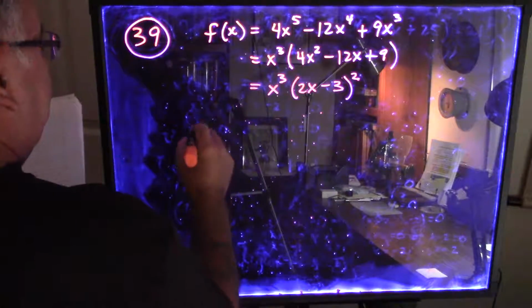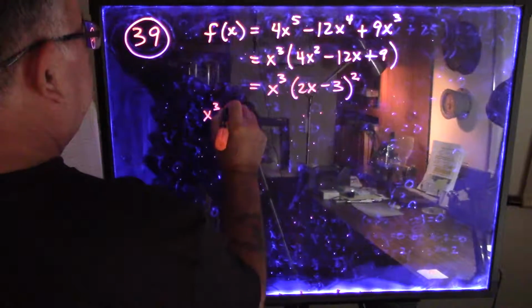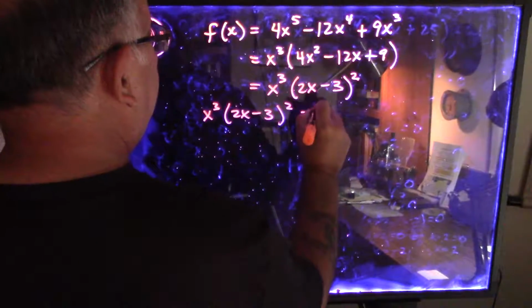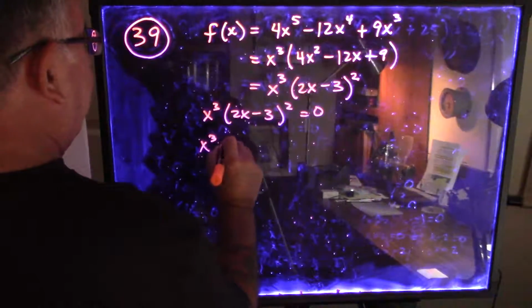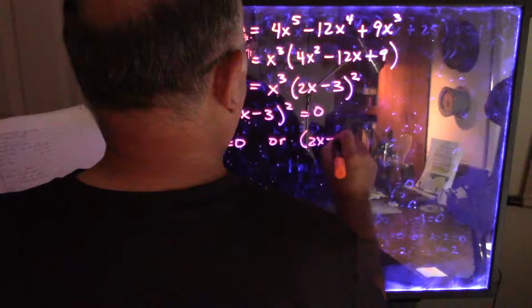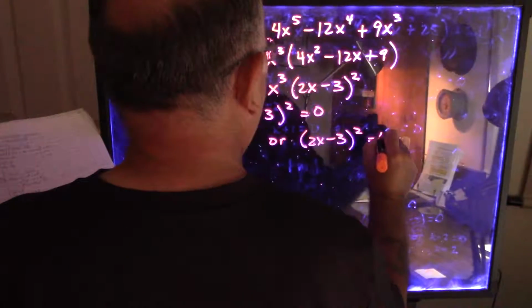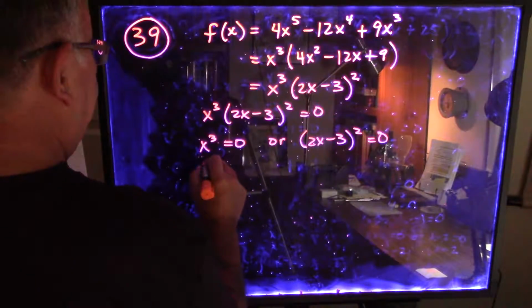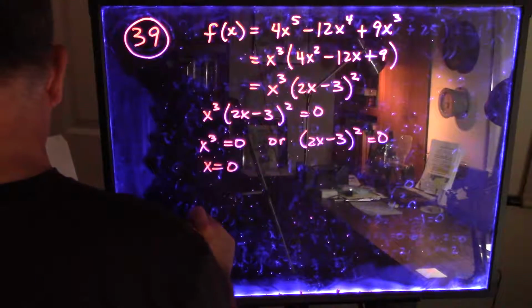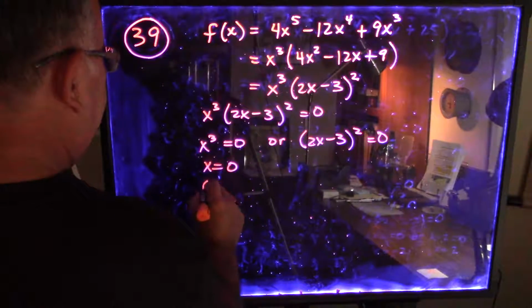So you set all that equal to 0. That means x cubed equals 0, or quantity 2x minus 3 squared equals 0. So x equals 0, and that's 0 with multiplicity 3.